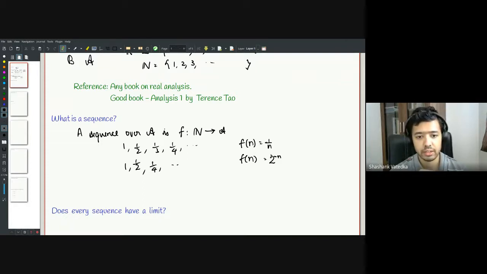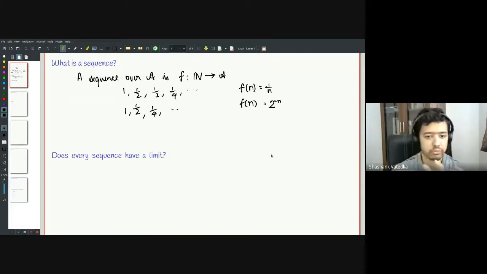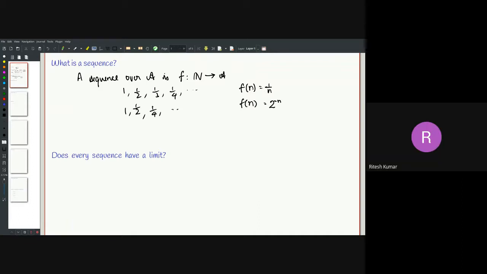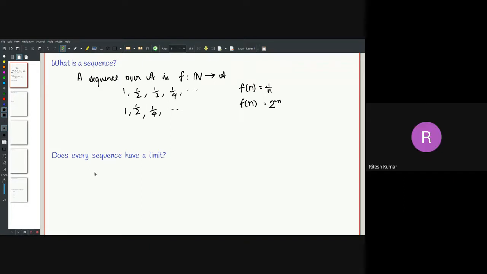But what we're really interested in when we're talking about sequences is what happens in the limit. Our goal is to understand what the limit of any given sequence is. So the first question is, does every sequence have a limit? No, not necessarily. So can you give me a sequence which has a limit? Any convergent sequence.